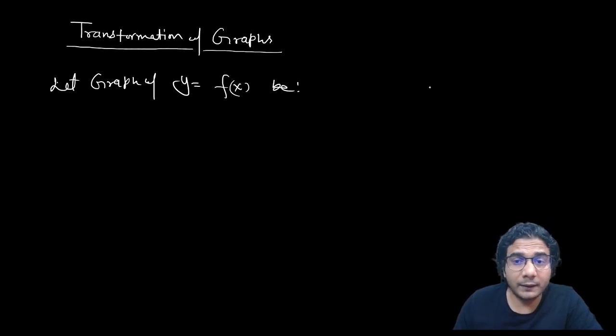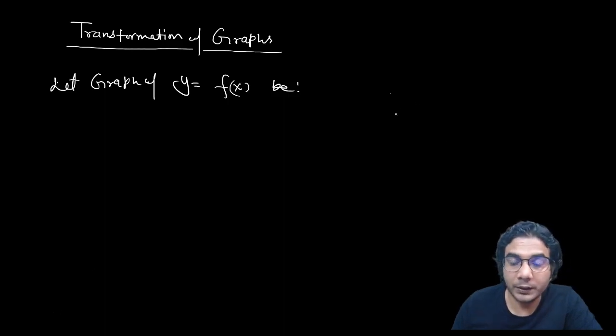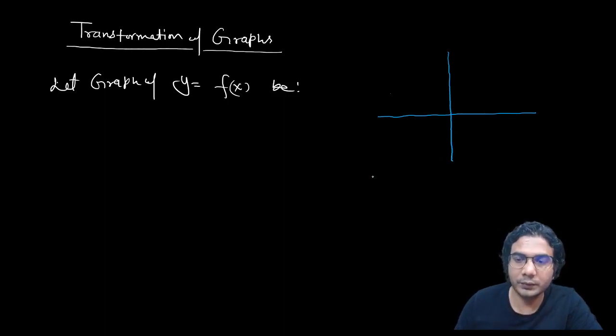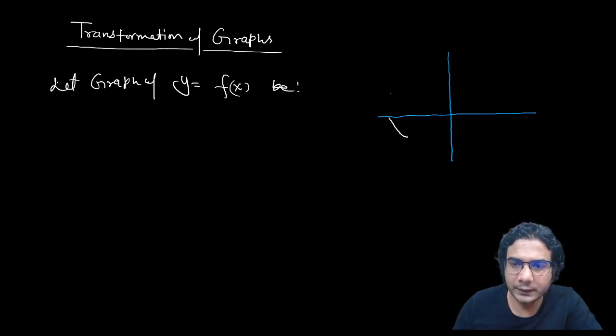I'm taking a graph y = f(x), a random graph, so let me plot the x and y axes. Okay, so these are the axes. Now let's take this as the graph. Say the graph is like this.